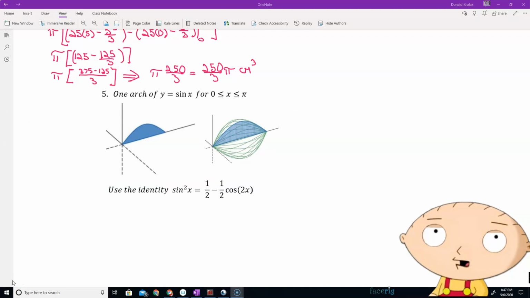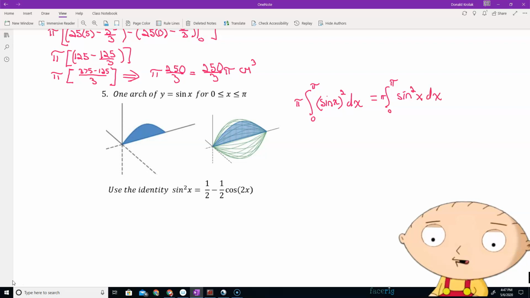All right, now to do this analytically, pi. Okay. Now, when we evaluate sine squared, that is the same as sine squared x dx.